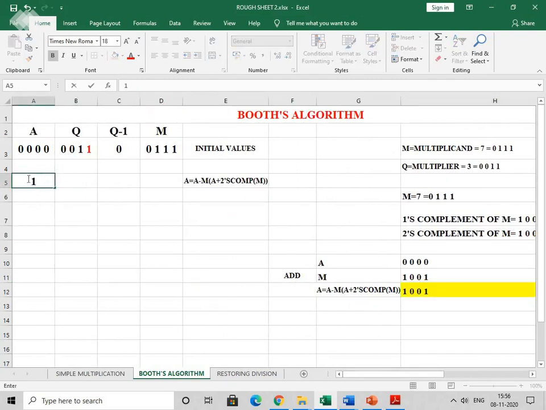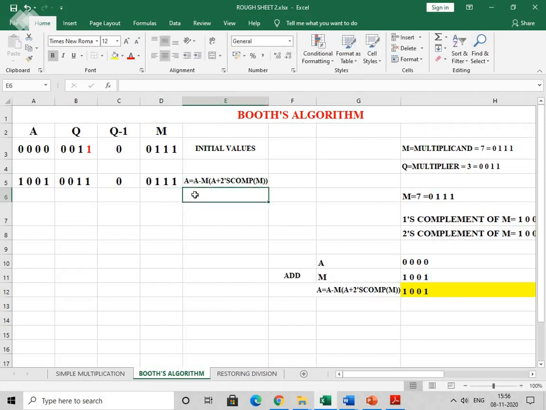So the current value of A will be 1 0 0 1. Then next, Q will be 0 0 1 1. Then Q minus 1 will remain as it is. M will remain as it is for all the numbers.